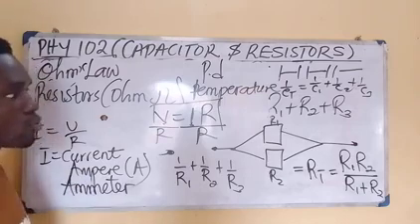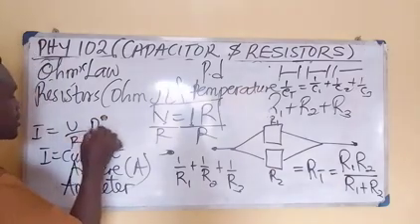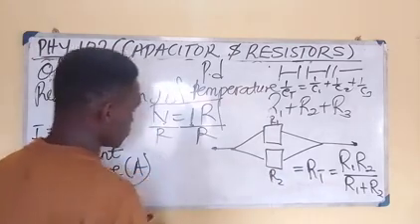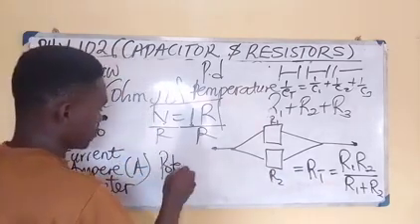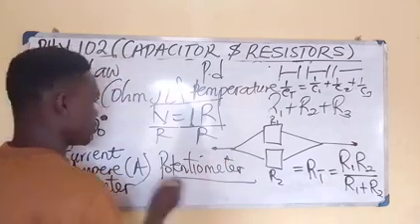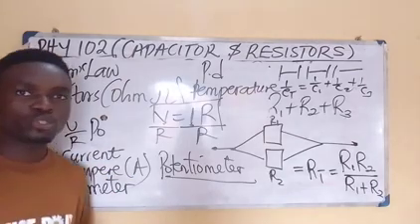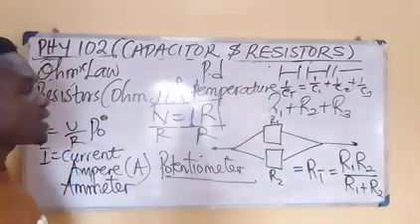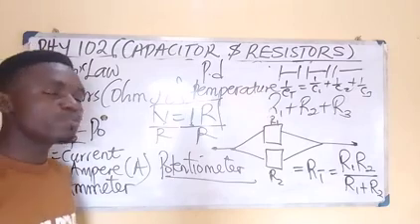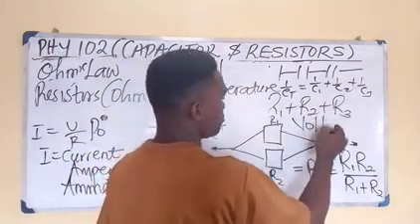The instrument used to measure potential difference, or voltage, let me use the word voltage, is called a voltmeter.